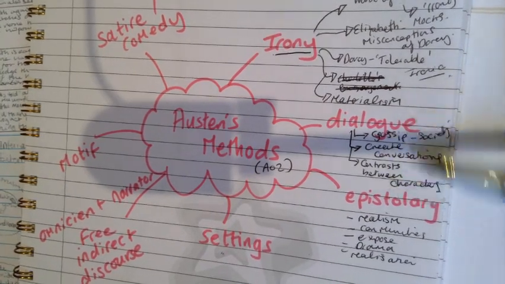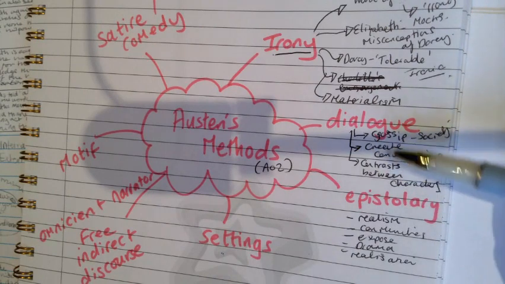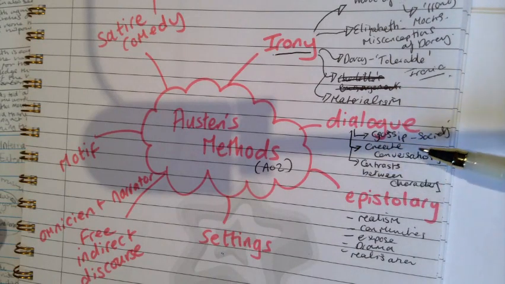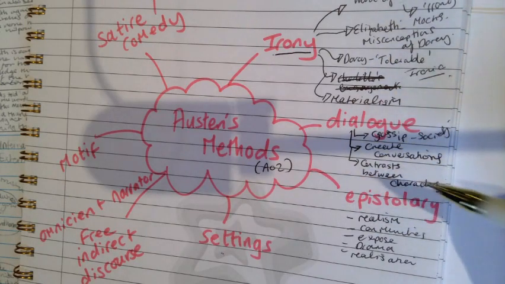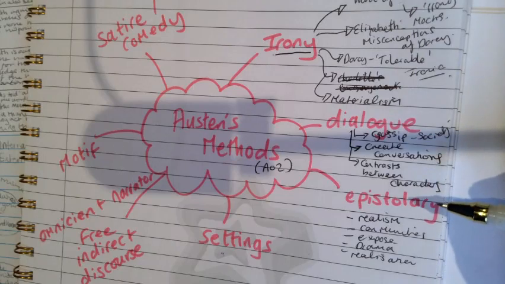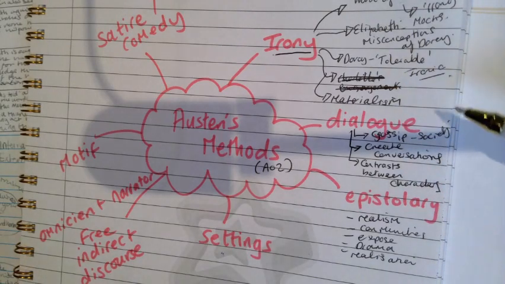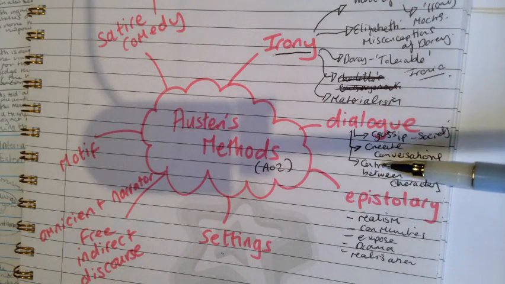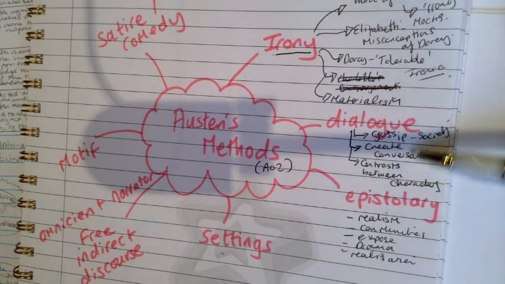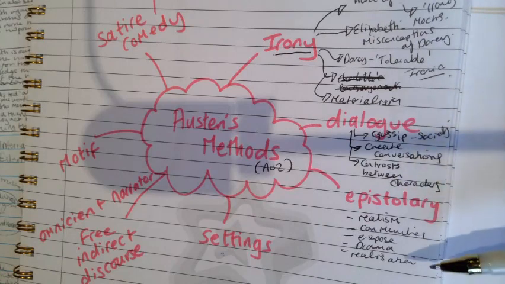And dialogue is really, really important, and it gives her a chance for characters to reveal things about themselves, say silly things, be ironic, because there's lots of irony in some of the dialogue that the characters use, and we'll talk about that in a minute. So yes, dialogue helps create contrasts and juxtapositions between characters.